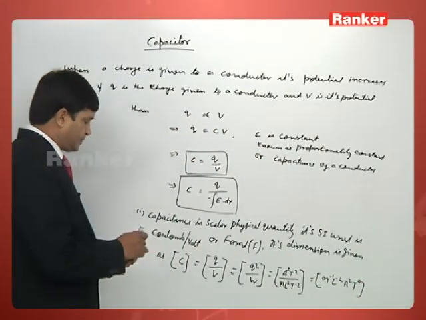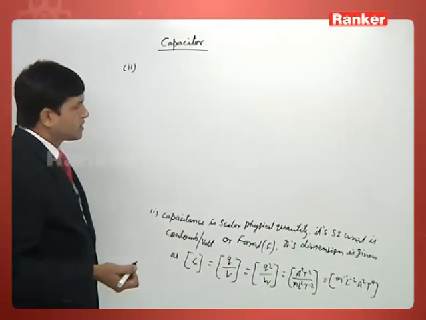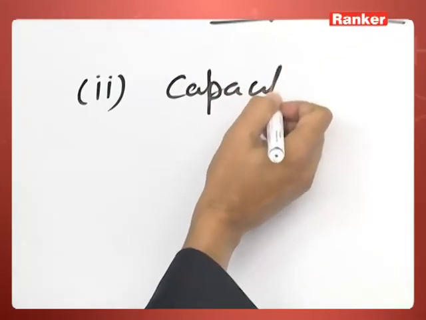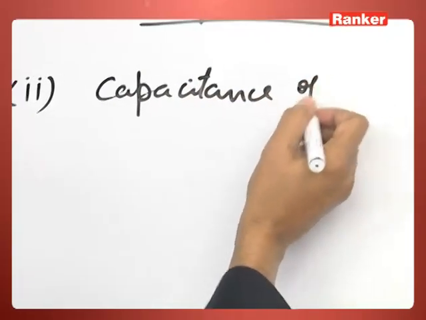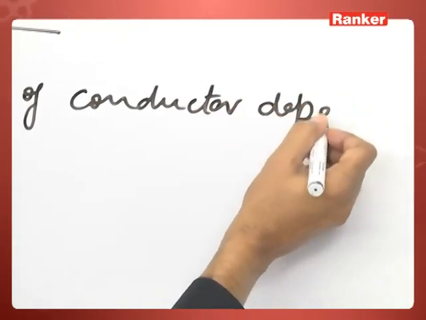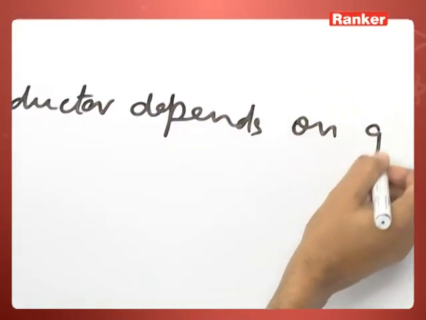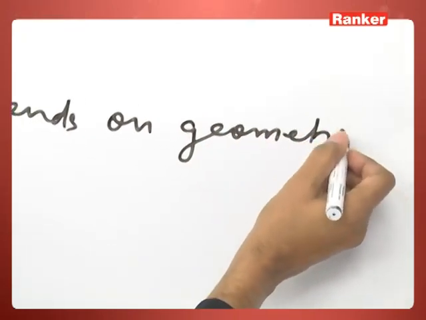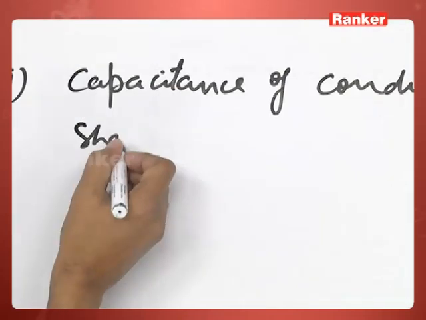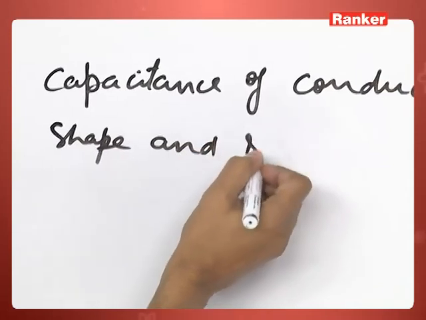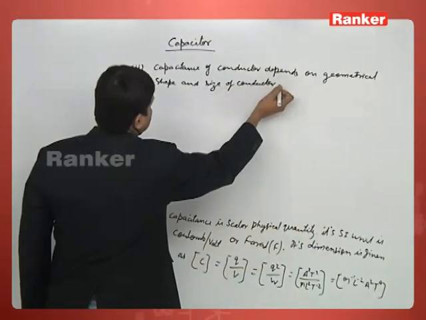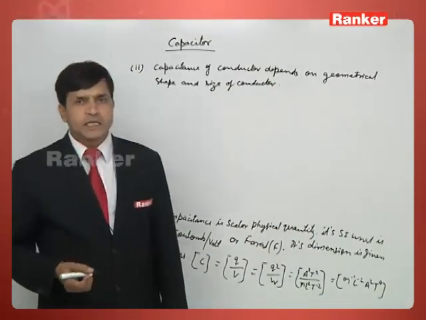Now the second point. Capacitance of a conductor depends on the geometrical shape and size of the conductor.